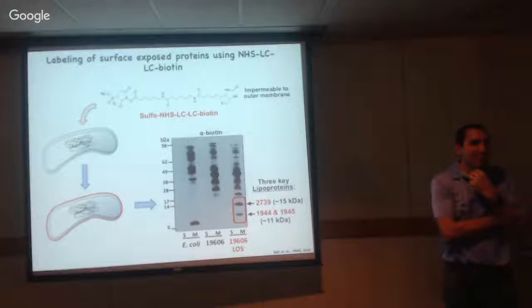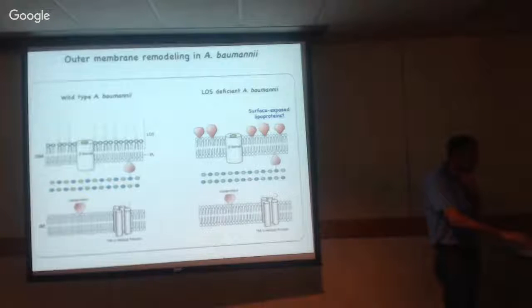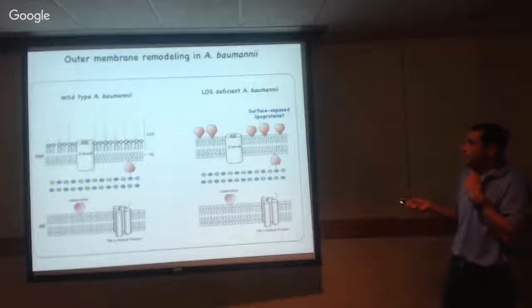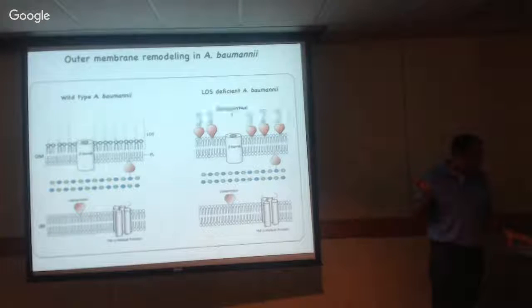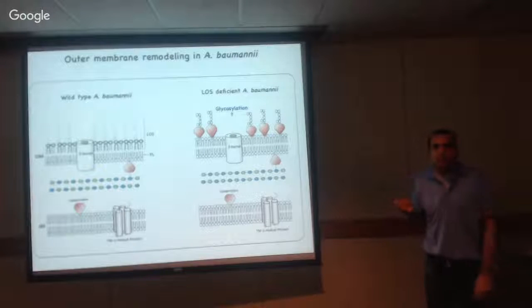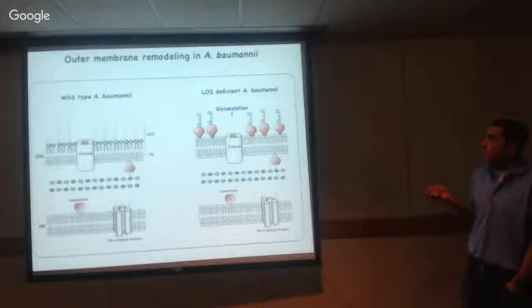But we haven't done that. So we think that these lipoproteins are enriched on the surface of these cells when they don't produce LOS. In addition, since this was published, what we found was that glycosylation, or production of glycans in these bacteria, seems to be essential for survival of LOS deficient A. baumannii.